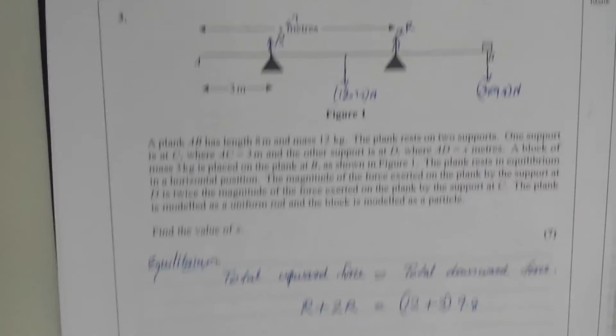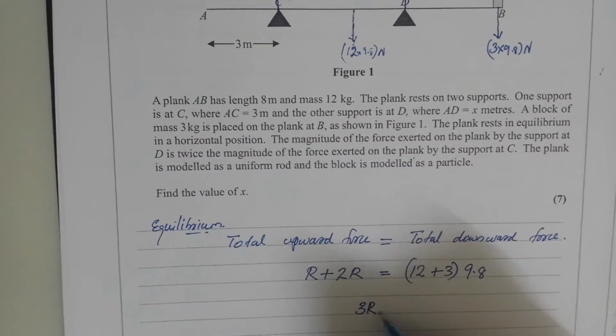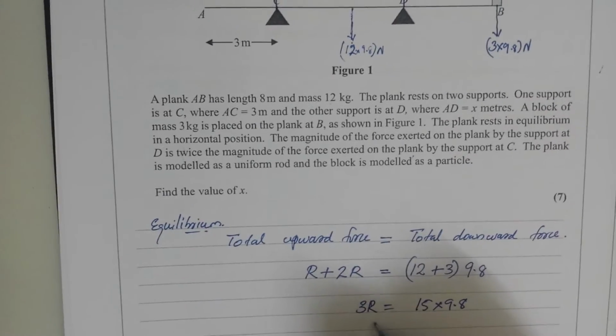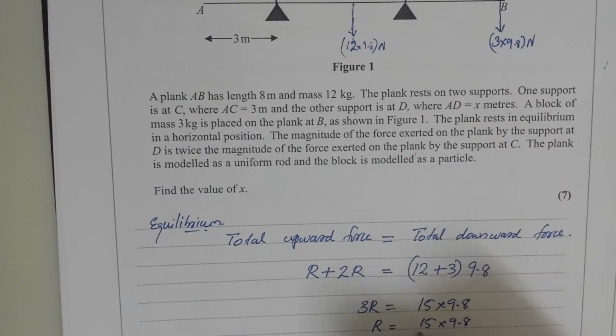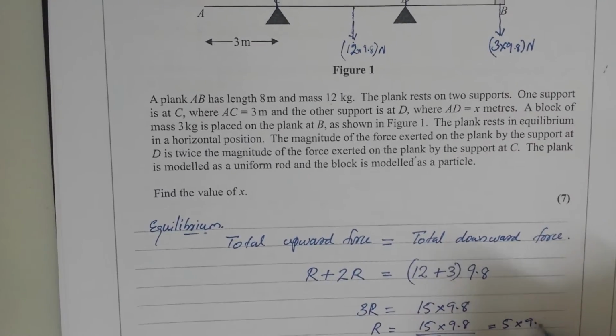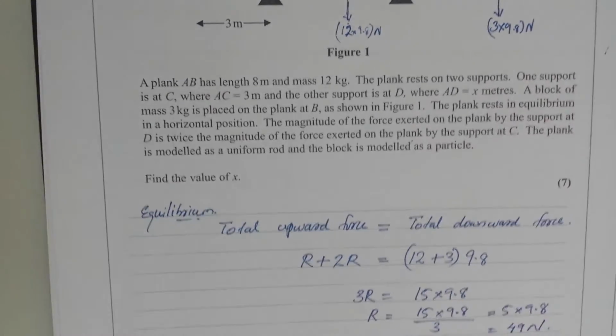So by rearranging we will get 3R is equal to 15 times 9.8. So R is equal to 15 times 9.8 divided by 3, that is 5 times 9.8, that is about 49 Newton.